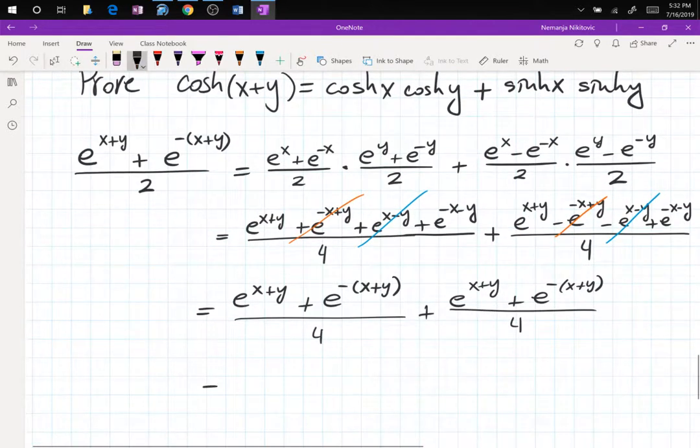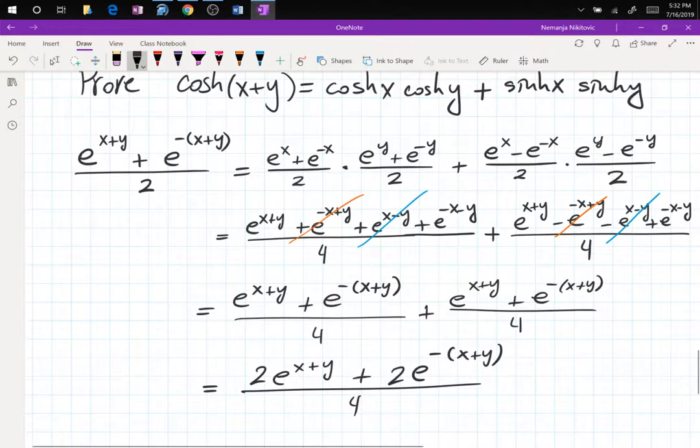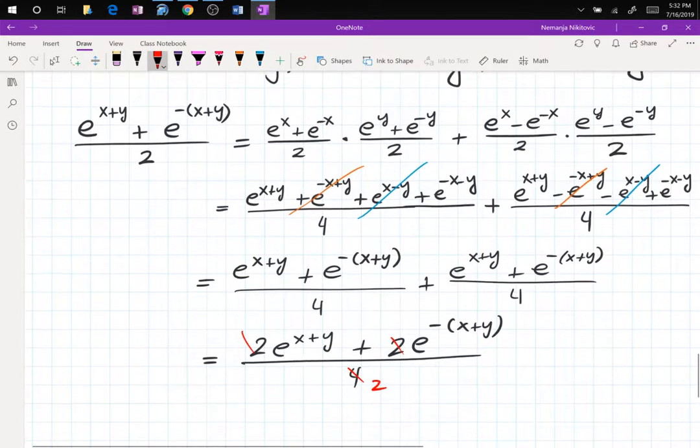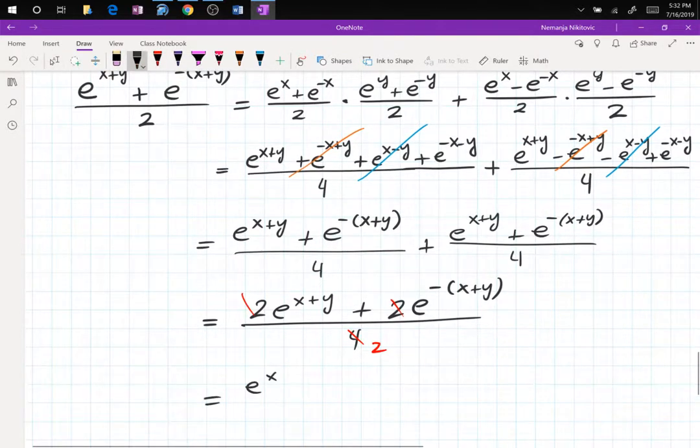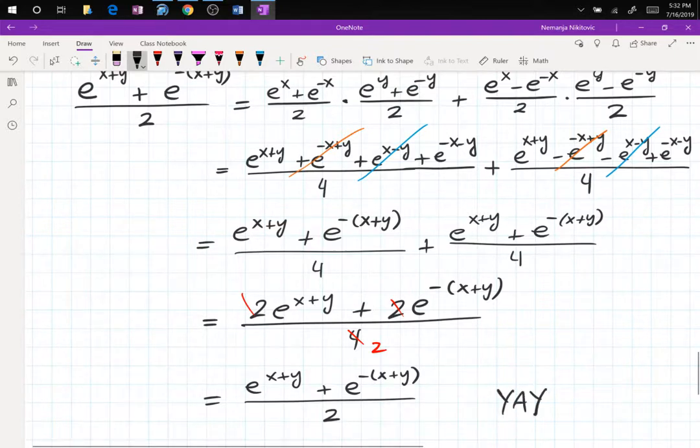Well, this is good because now you have 2e to the x plus y plus 2e to the negative x plus y divided by 4, and then these guys cancel the same way like they did in the previous problem to get you what you're looking for. e to the x plus y plus e to the negative x plus y divided by 2. Yay.